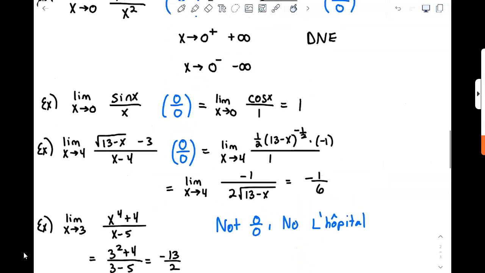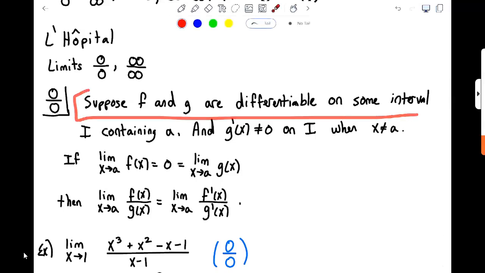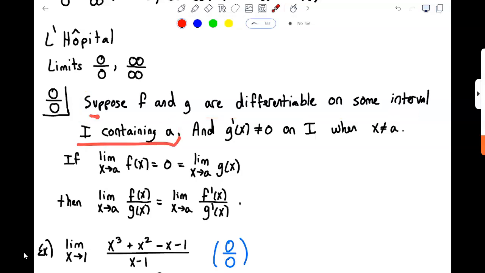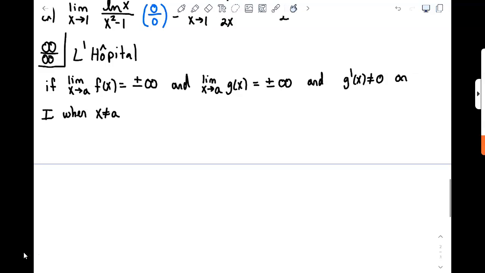So the same idea that had to be true for the original version of L'Hopital's rule, they have to be differentiable. That still has to be true. So I'm not going to put that down, but that condition still has to be true. Otherwise, if they're not differentiable, then what we talk about really doesn't matter. Okay, so they have to be differentiable. And again, g prime is not 0 except maybe at a. Except maybe at a, then that's okay.